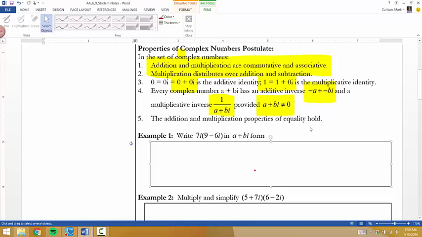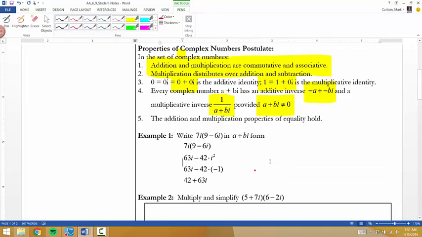Alright, so let's apply some of these properties to do a couple of example problems. The first one says, write 7i times the quantity 9 minus 6i in a plus bi form. So we've got an imaginary number times a complex number, and we want to get our answer in that a plus bi form.